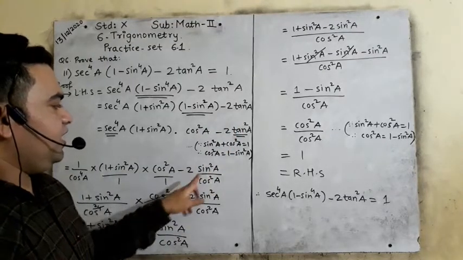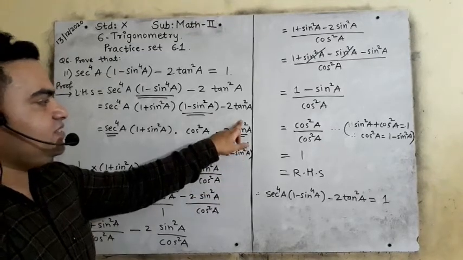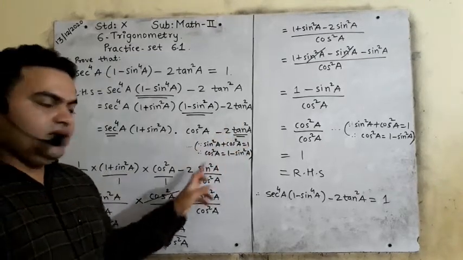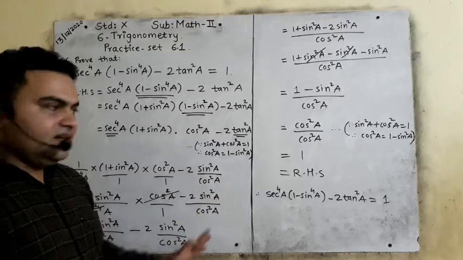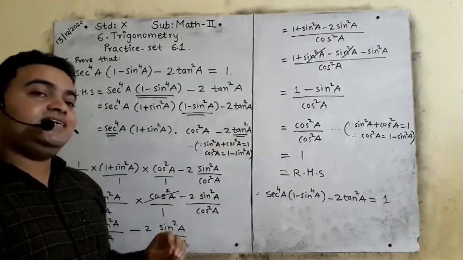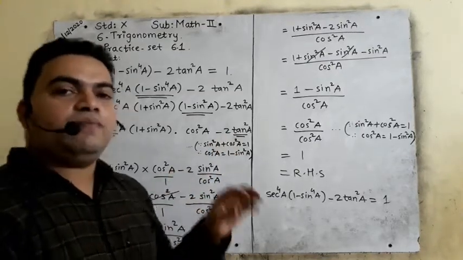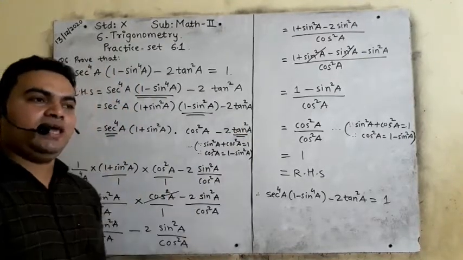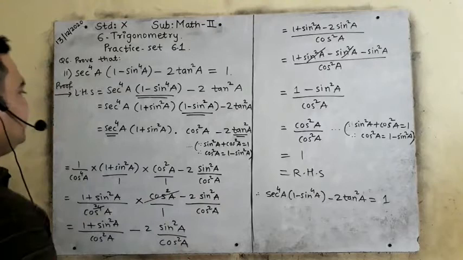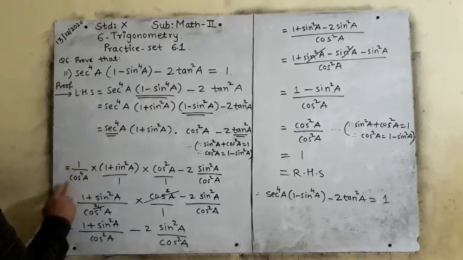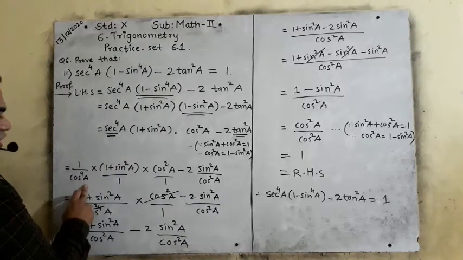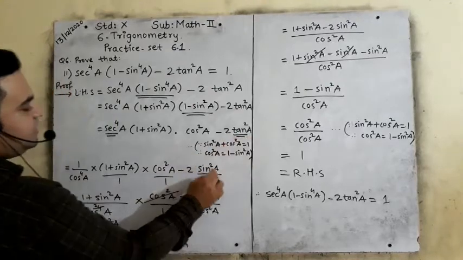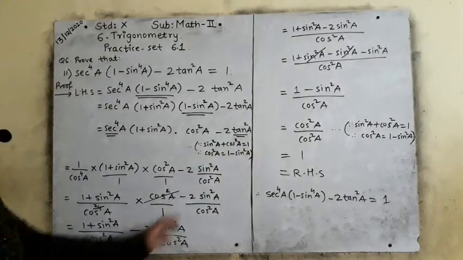So, because here it is a square, tan square A is equal to sin square A upon cos square A. Is it clear? It means in place of sec raised to 4A we have written 1 upon cos raised to 4A, and in place of tan square A we have written sin square A upon cos square A.